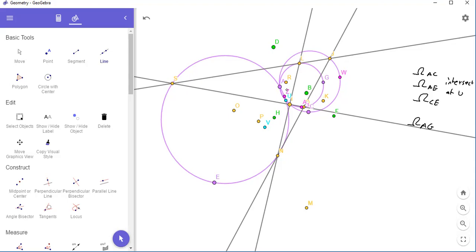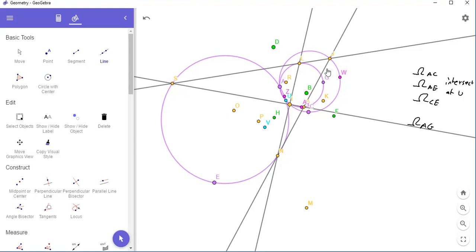If you look at the circle passing through A and E, that's S, A, N, E, and SN is the diameter of that circle from what we did initially, because we have right angles at A and at E. So from this quadrilateral, we're just drawing the circle with diameter SN.